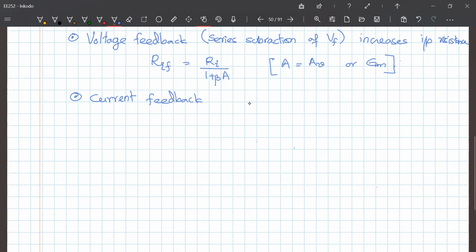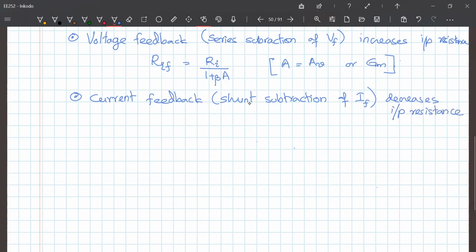I take out part of the current, so therefore shunt subtraction of IF. Feedback current has to be subtracted from IS, the source current. This decreases the input resistance. So you have parallel networks. Earlier you had series networks, now you have parallel networks.